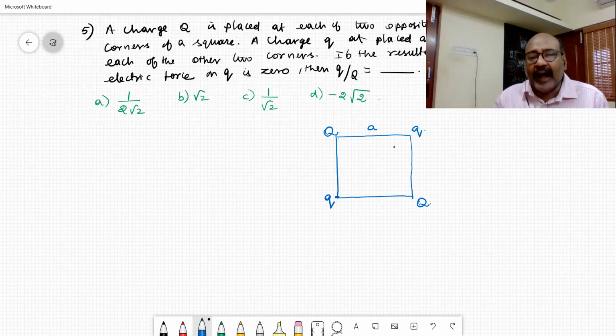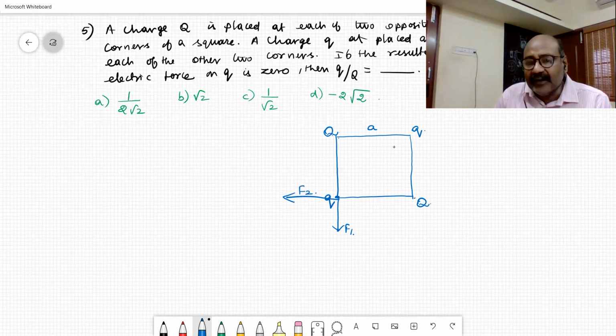This capital Q is making a force on this small q in this direction. Let us consider that as F1. Then this other capital Q will be producing a force on this small q, taken to be F2.